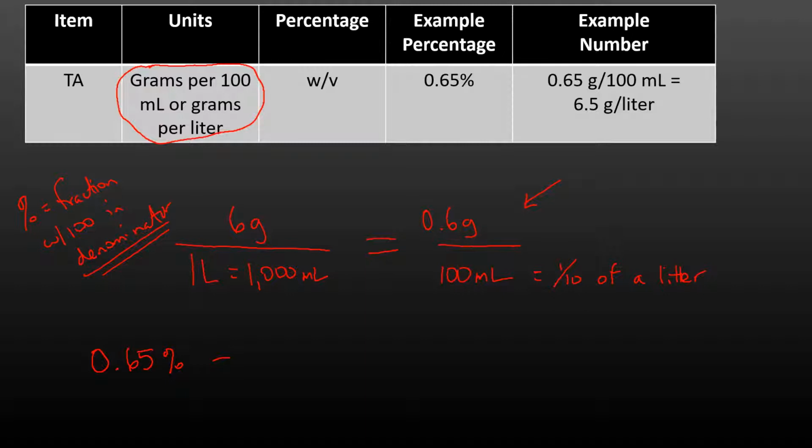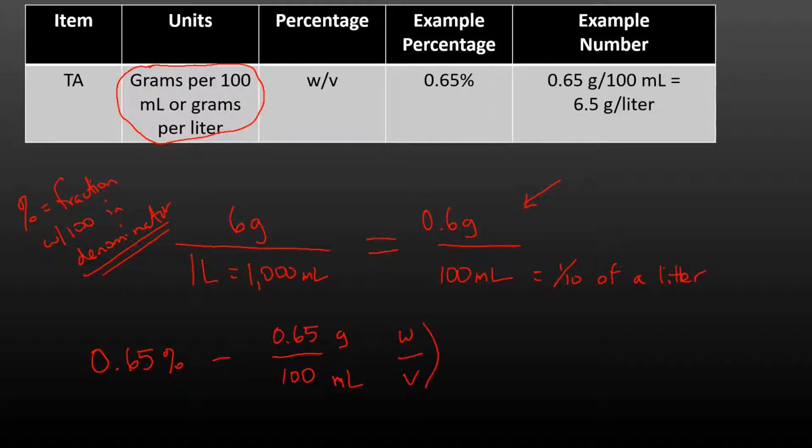So if you have 0.65%, and this is a fraction with 100 in the denominator, it is 0.65 divided by 100. Because we express TA as grams per volume, this would be 0.65 grams per 100 milliliters. This is a weight to volume measure.